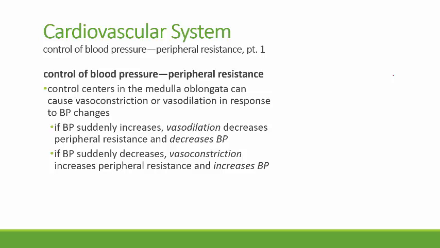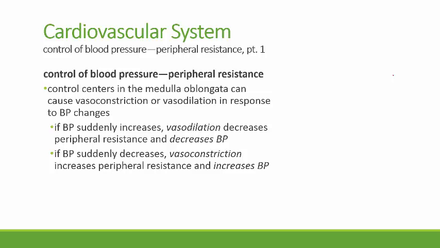So if we see a rapid, sudden increase in blood pressure, then we'll also see vasodilation, and as the blood vessels get larger, there's less friction, so peripheral resistance will decrease, causing a decrease in blood pressure. If, on the other hand, blood pressure suddenly decreases, then vasoconstriction will cause more peripheral resistance, and that will then increase blood pressure.